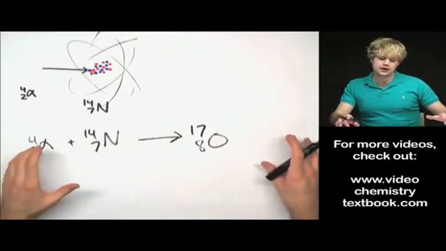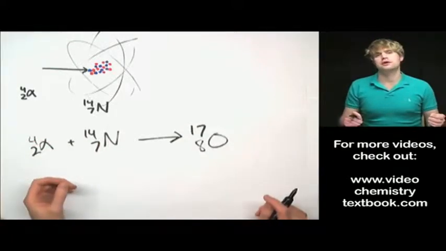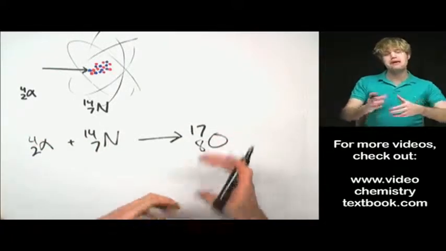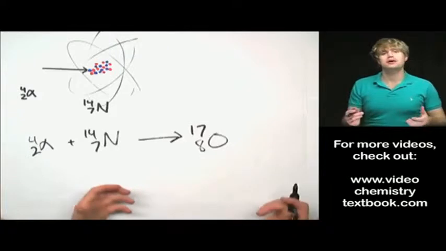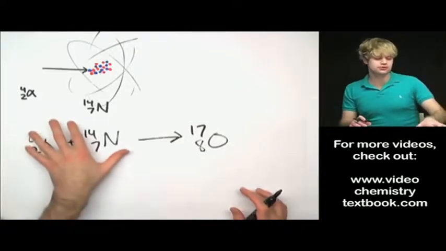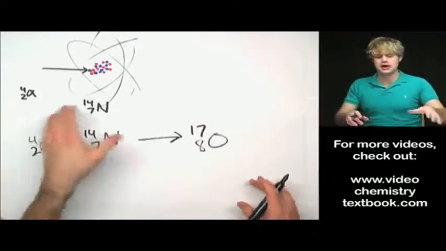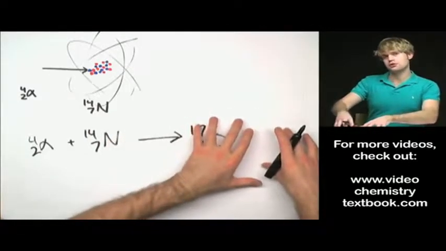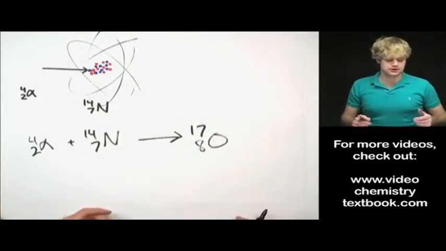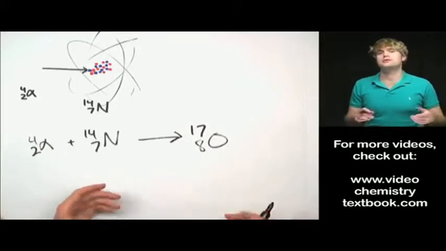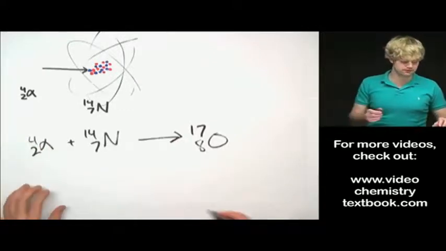When I'm doing a nuclear transformation reaction like this, I don't make any new neutrons, I don't make any new protons, which means that the number of neutrons and protons I have on one side of the equation is going to balance the number of neutrons and protons that I have on the other side of the equation. So when I'm writing these, I find that it helps to keep track of the numbers that I have of both. Okay?